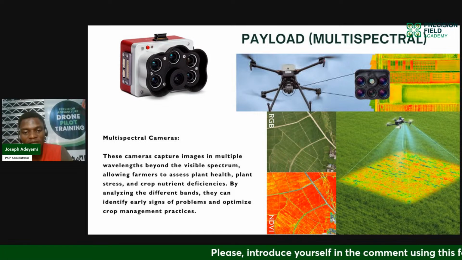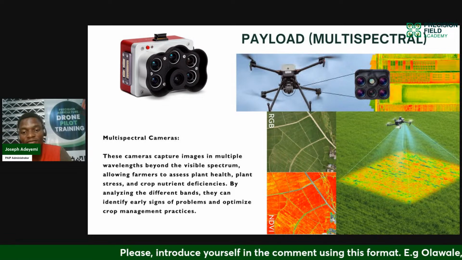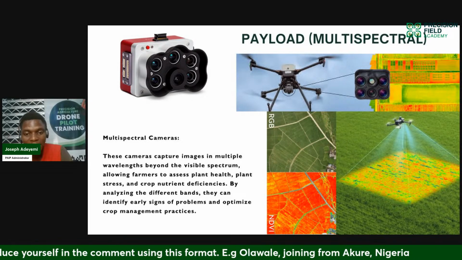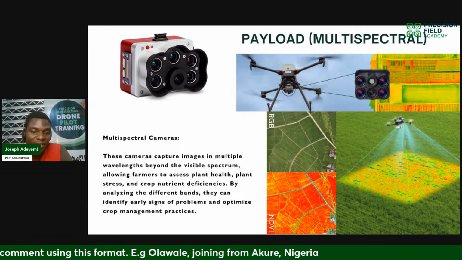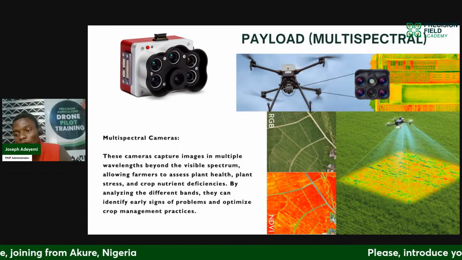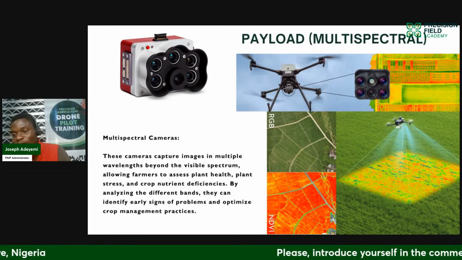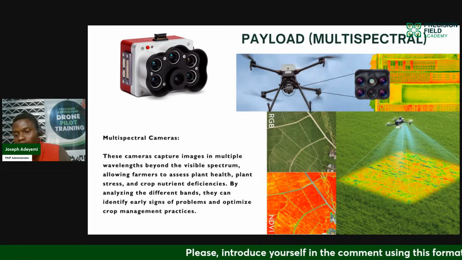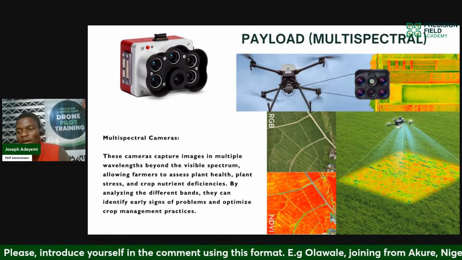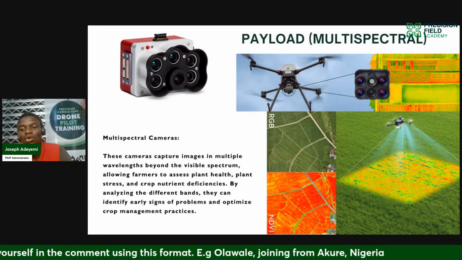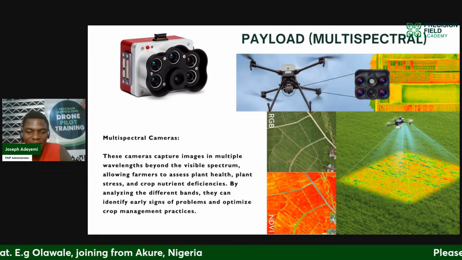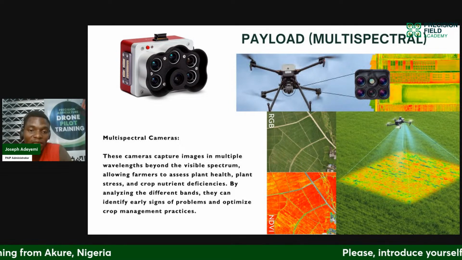So a multispectral camera captures images in multiple wavelengths beyond the visual spectrum, allowing farmers to assess plant health, plant stress, and also crop nutrient deficiencies. If there's a particular nutrient that the plant is lacking, maybe it's potassium, calcium, nitrogen, phosphorus, or any kind of nutrient deficiency you have, with a multispectral sensor we can actually detect this, and that's when we say now your crop can speak.